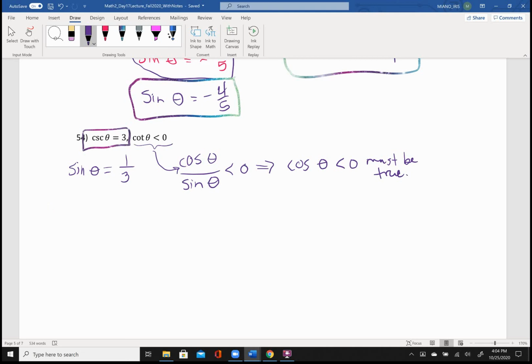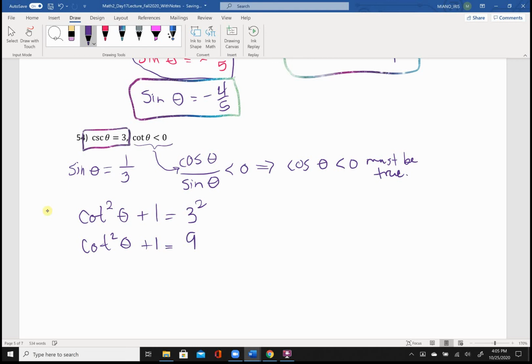Okay, so in any event, here is that identity being used: the cotangent squared of theta plus 1 equals the cosecant squared of theta, which is the same as squaring the cosecant. Everyone feel me on that? And therefore, the cotangent squared theta plus 1 has to equal 9.